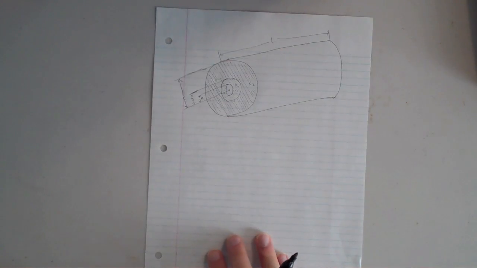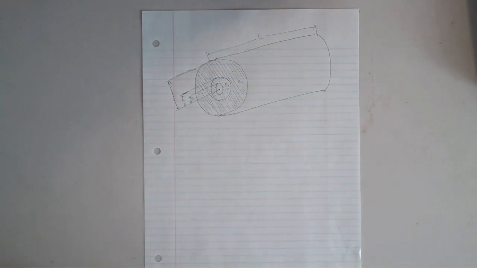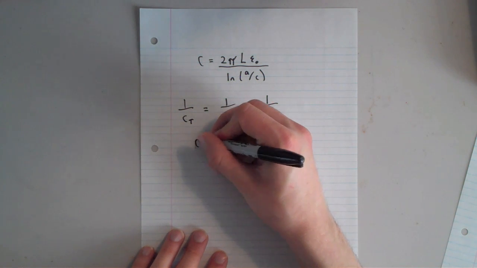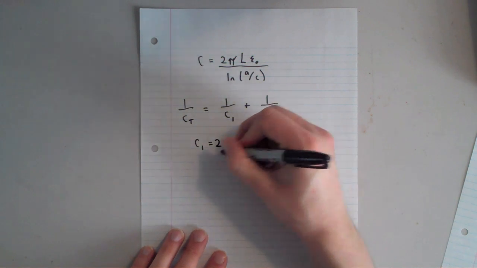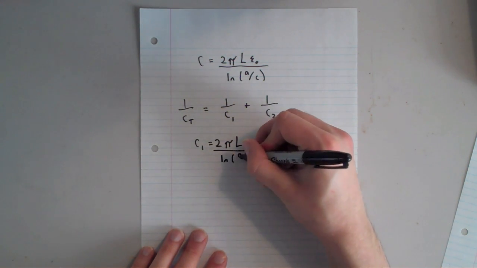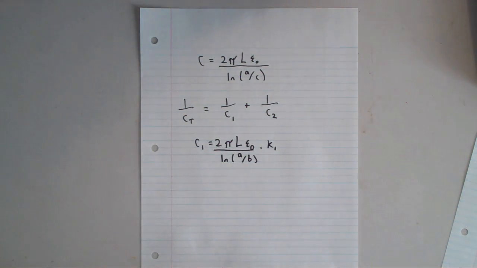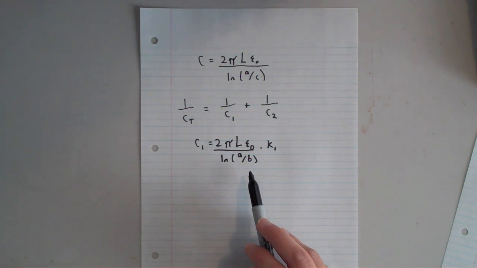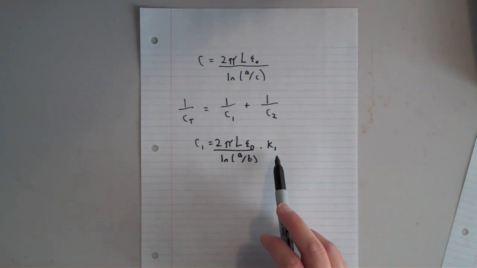So going back to the diagram, the first capacitor would be in this ring from A to B with the dielectric material with dielectric constant K1. And so that capacitance would be C1 equals 2 pi L epsilon naught over the natural log of B over A times K1, because the ring goes from radius A to radius B, and the way that you get the capacitance of a capacitor that has a dielectric constant in it is you just multiply the original capacitance times the dielectric constant.